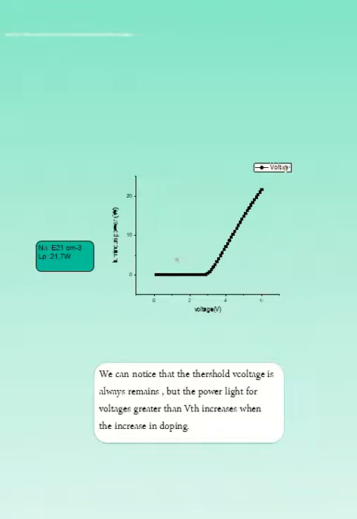We can notice that the threshold voltage always remains the same, but the light power for voltage greater than VTH increases when the doping increases.